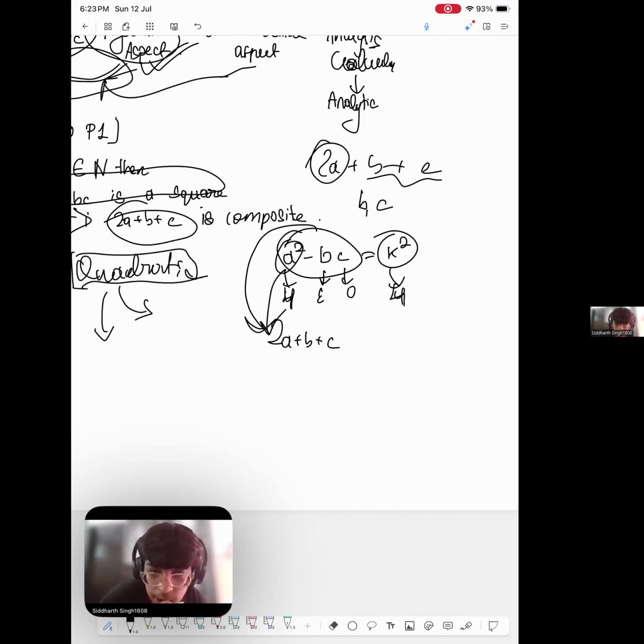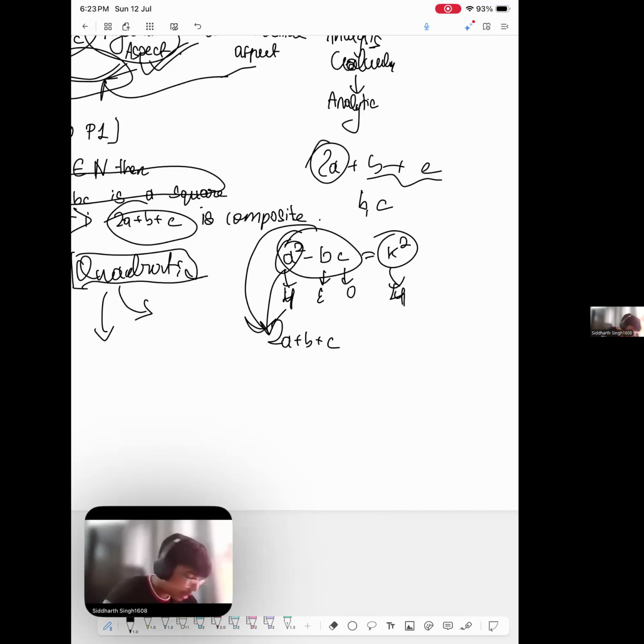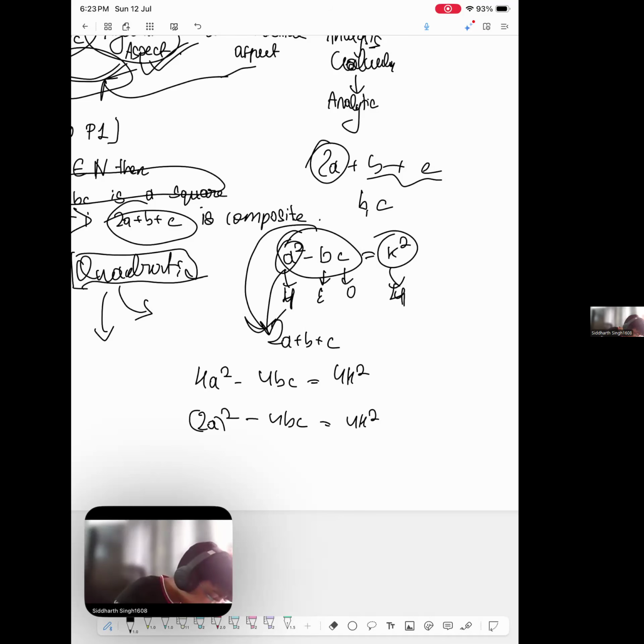So how do you do that? Multiply by 4. Yep, exactly. Great, that's the part. After multiplying by 4, you would have that 4a square minus 4bc is equal to 4k square. Now you have the 2a square term minus 4bc is equal to 4k square.